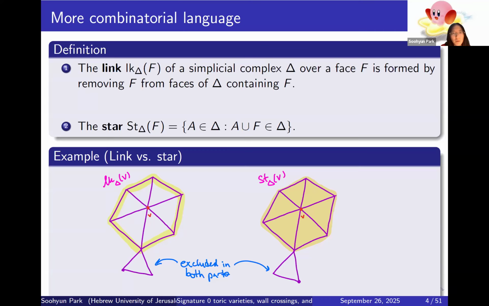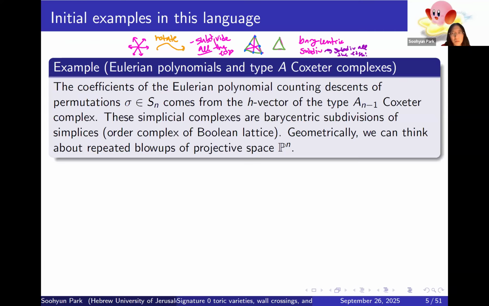Okay, so going back to the example at the beginning about permutation descents, they are actually related to some natural examples. More specifically, they have to do with the type A Coxeter complex. Graphically, you can imagine a simplex, or just a triangle, and you take the barycentric subdivision.